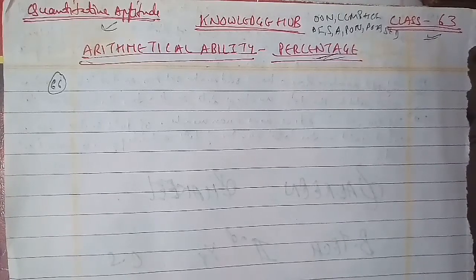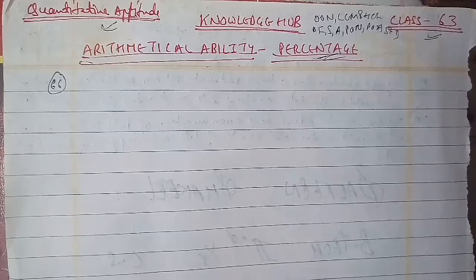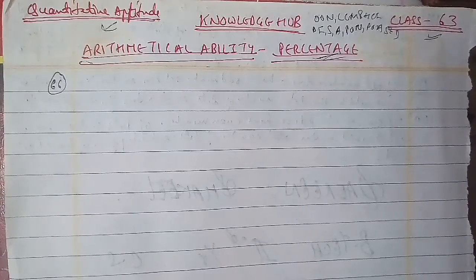If she spent rupees 25 for the item, approximately how much percent did she save in the transaction? The options are 8%, 9%, 10% and 11%. This question was asked in a competition paper, the section officer examination paper, and it is important as well.